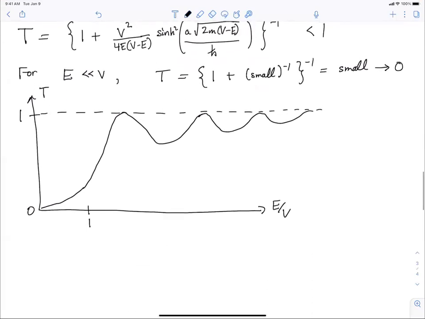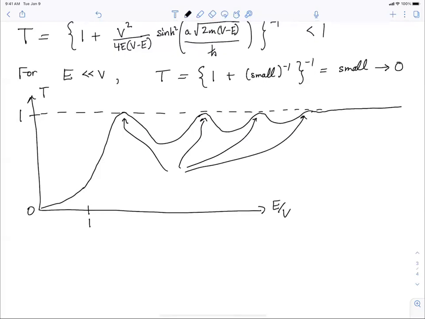Right. So, and then when the energy is very large, we found it must approach 1. That's saying when the energy is very large, it doesn't care that there's a puny little barrier there. But also there's transparency at an infinite number of different places.